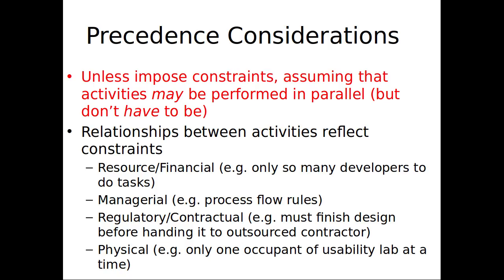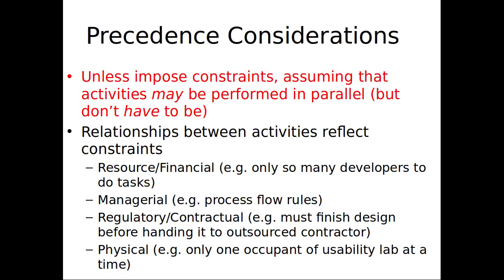Now, earlier, Tushita had noted the primal significance of dependencies. If 2 activities have no dependencies upon them that relate to one another, then in principle they can be done in parallel. Okay?